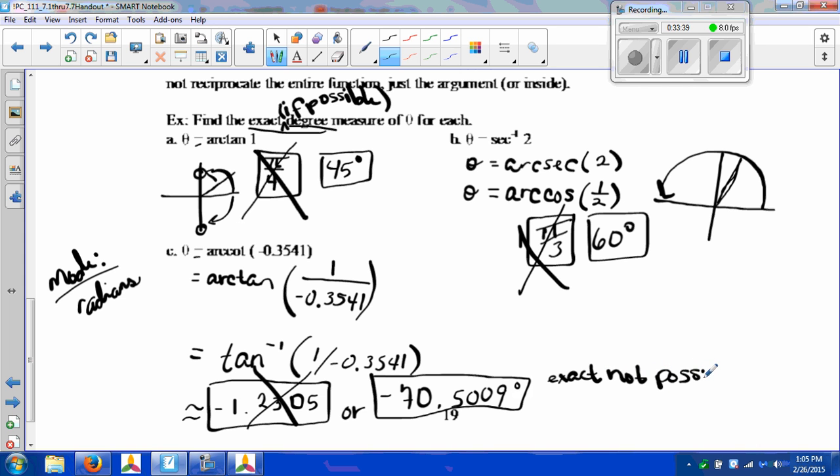Besides, this would technically be the exact answer, but it's not as useful as negative 70.5 degrees. So this is technically the exact one, but if I want a useful answer, then exact is not possible.